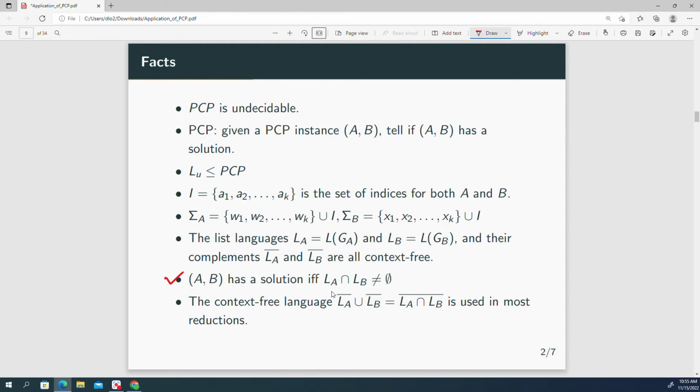Because if LA and LB intersect is not empty, that means you have a match, and that non-empty string will be the match solution.